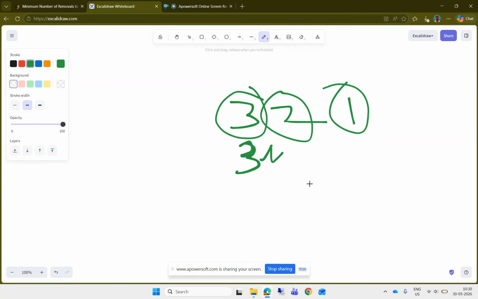But I don't want to write a separate code for this. I want to use the length of the longest increasing subsequence. So if I reverse this and calculate the longest increasing subsequence, I'll get 3 here, because that is the length of the longest increasing subsequence ending at 3, right? And we have already written the code for that.